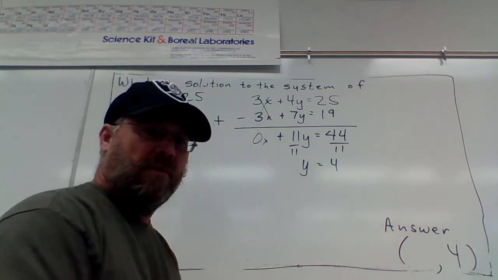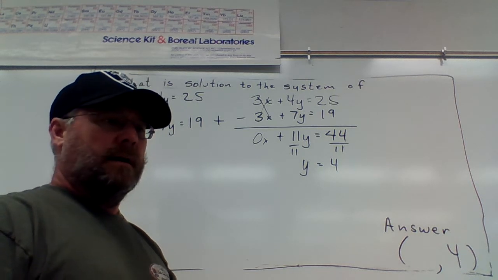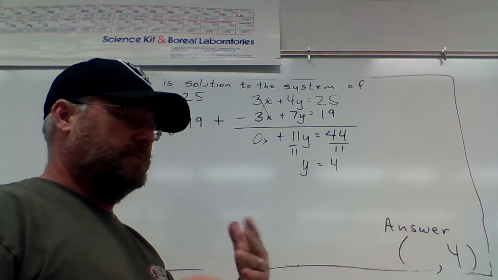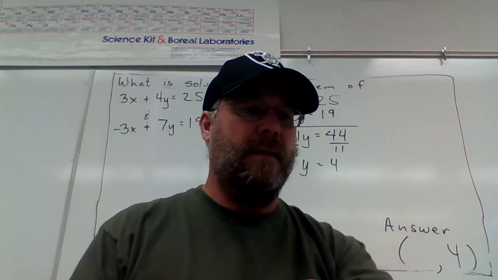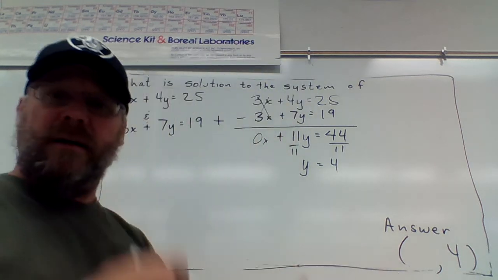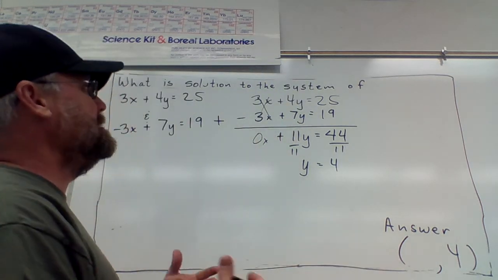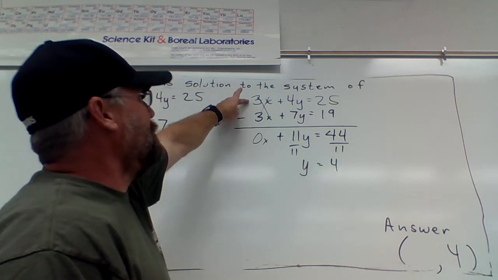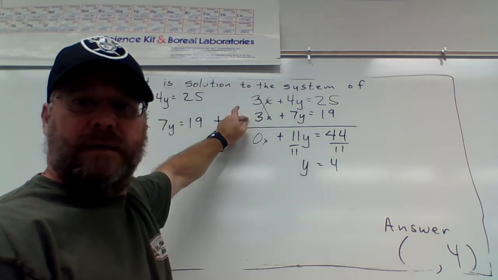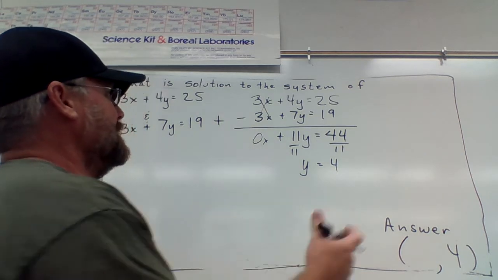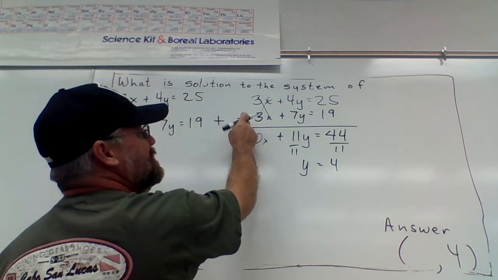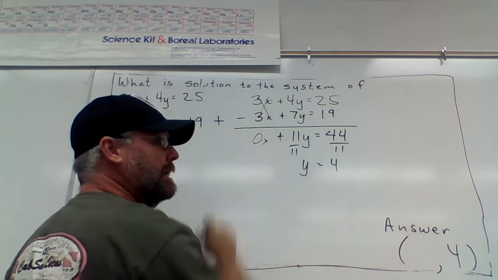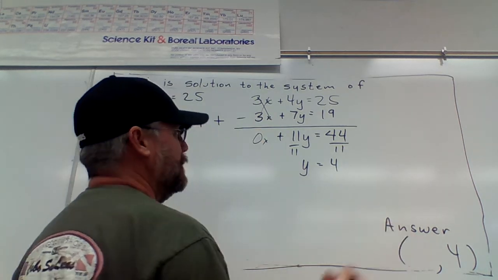Just like the previous two methods, the substitution method and the equal values method, I have to plug that 4 back in and see what it gives me for the x. I can plug it into this one or that one. It really doesn't matter, but if I choose this one, I have to keep that negative 3 in there.